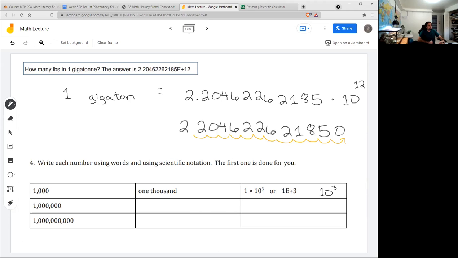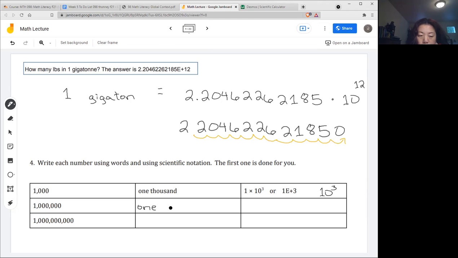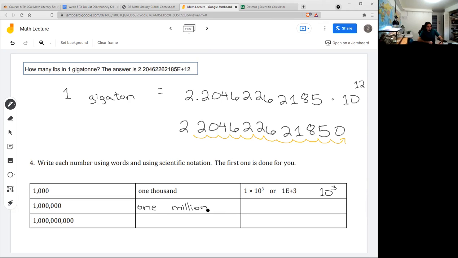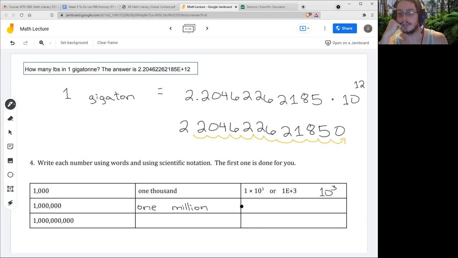What's the next row? 1 million. And what are ways to write that with similar formats? 1 times 10 to the 6 or 1e plus 6. Yeah, or just 10 to the 6.